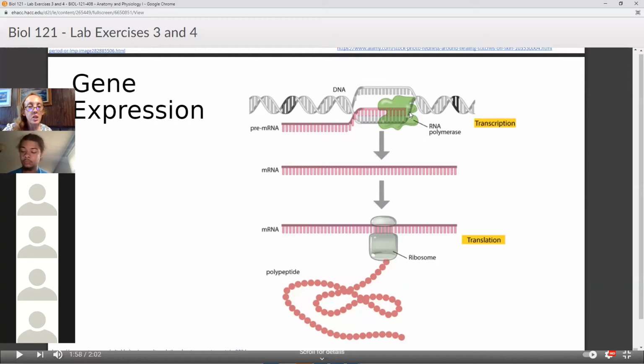So transcription is the synthesis of RNA from DNA. Translation is the production of protein from RNA.